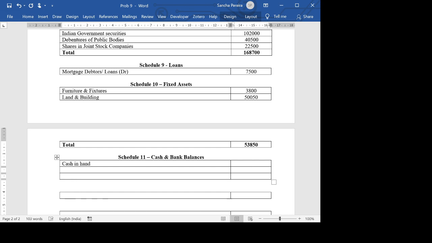This schedule will have only these two items. Cash in hand is 350 and cash at bank is 7480. The total comes to 7830.